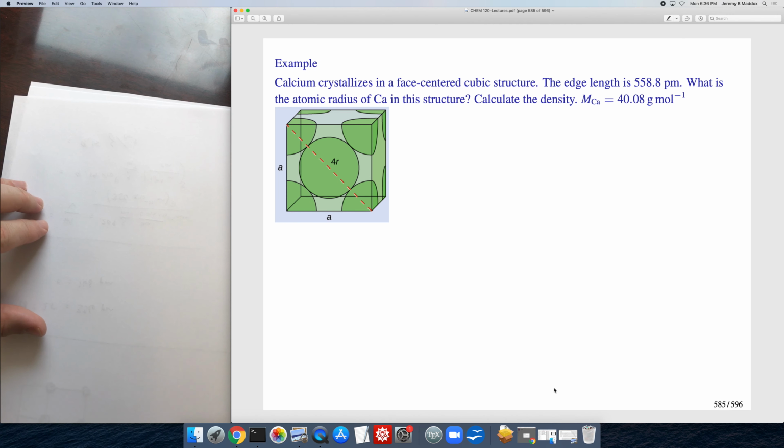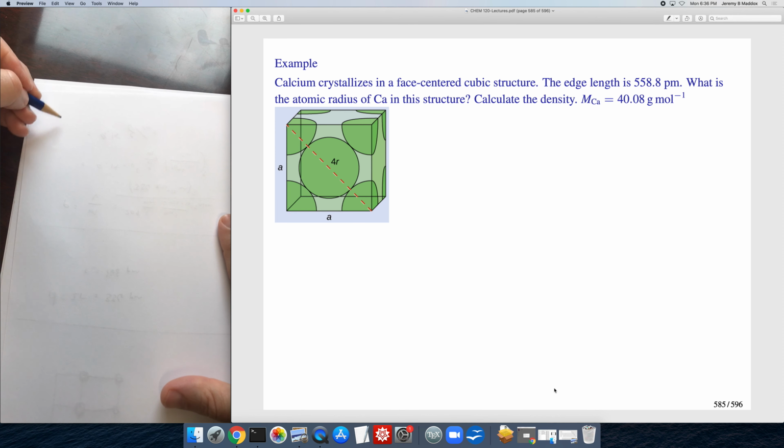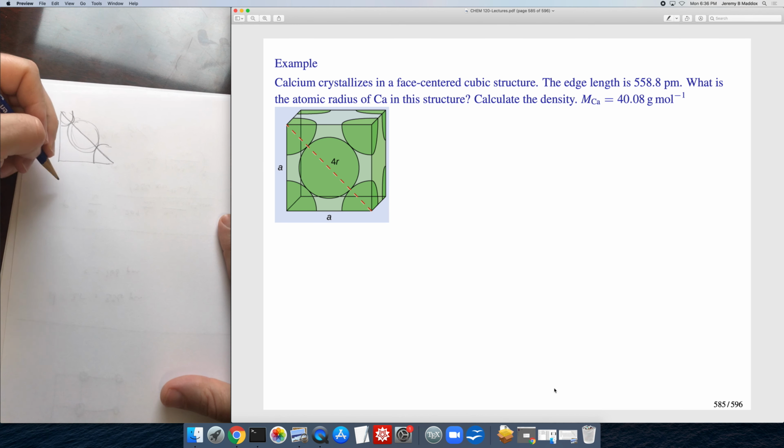And so what they're pointing out in this diagram is that the edge length is a, and then here we've got to do a little bit of basic geometry where they're pointing out that the distance along the diagonal here, I don't know if I'm going to be able to draw it very well, probably not at all, that distance is equal to 4 times the radius. Okay, so you use the Pythagorean theorem here, right?